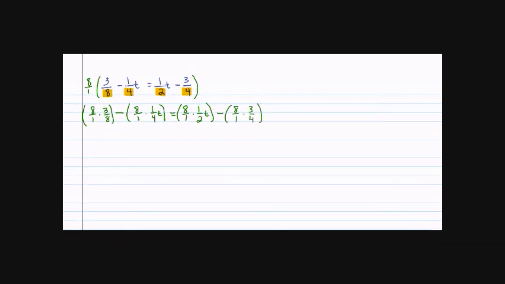Okay, now let's simplify, and we'll get rid of our fractions. That's right, my darlings, you can get rid of your fractions. Let's cross cancel.